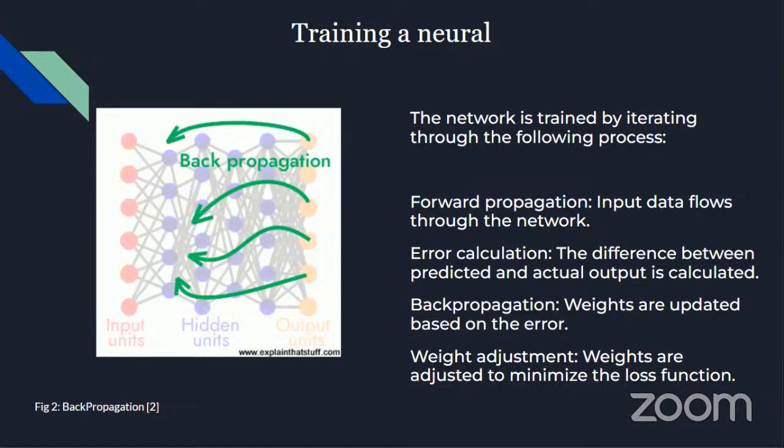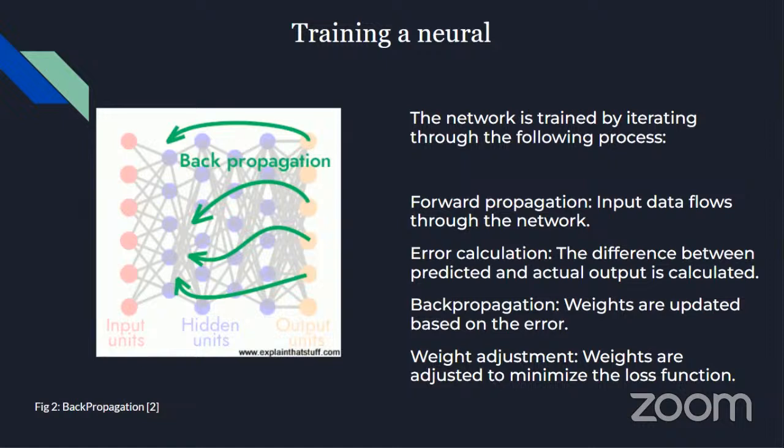Error calculation means the predicted output and the actual output, which it was supposed to be, that difference is calculated, and then that difference is propagated back to every layer, and based upon that difference, the weights of the previous layers are changed. This is what is happening.